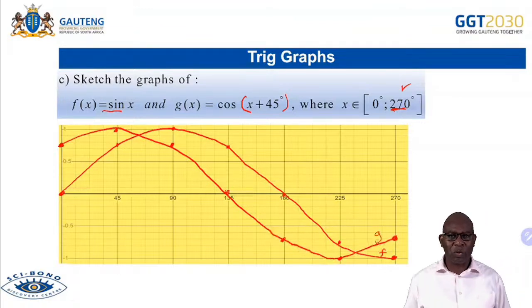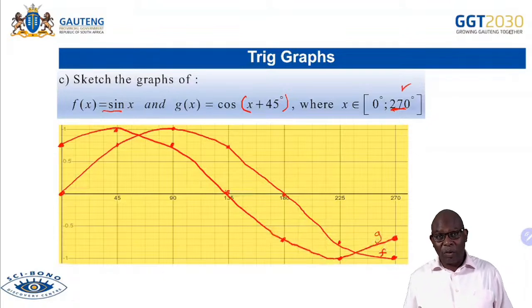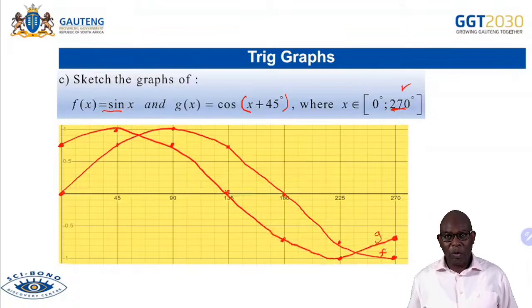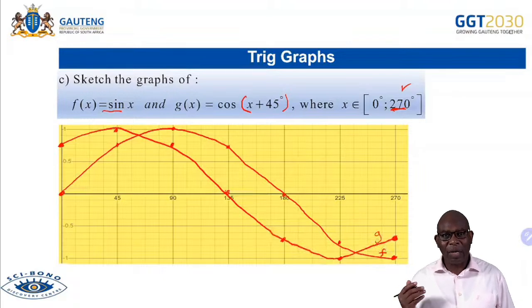Just to sketch these two graphs using your calculator, you are going to have between 5 and 7 marks. So sketching the graph is one of the most important skills that you need to know, and you must sketch proper graphs. You have your calculator, and you're just substituting those values.